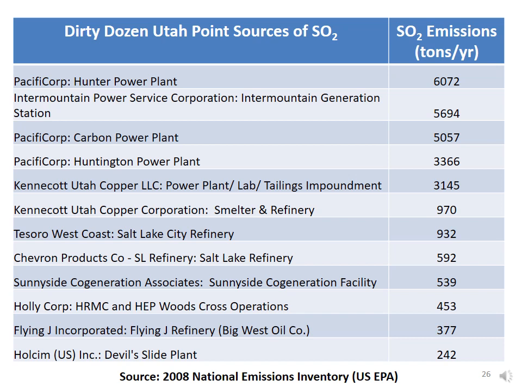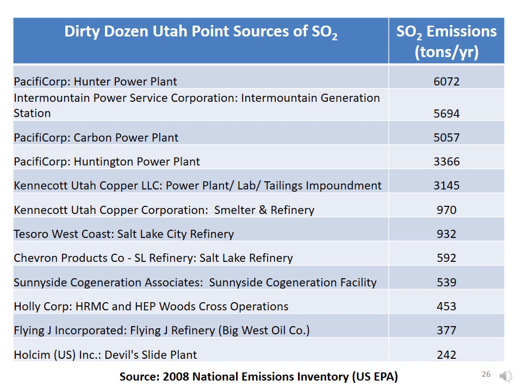And then we have the Kennecott Utah Copper Corporation smelter and refinery. Even though it's 99.9% effective at removing the sulfur dioxide, it still emits almost 1,000 tons of sulfur dioxide into the atmosphere per year. And then after that, you have a couple of local refineries.